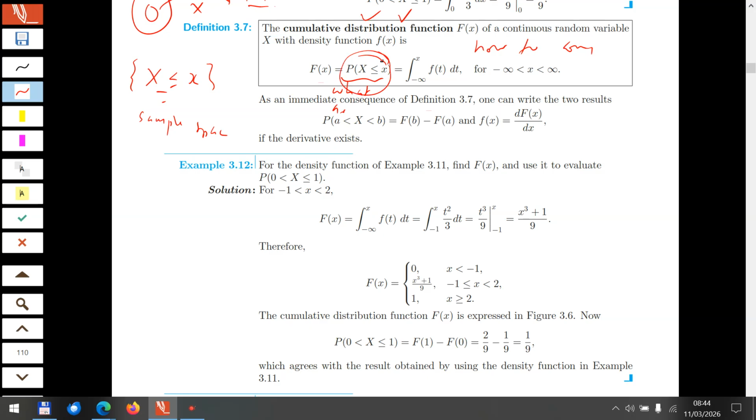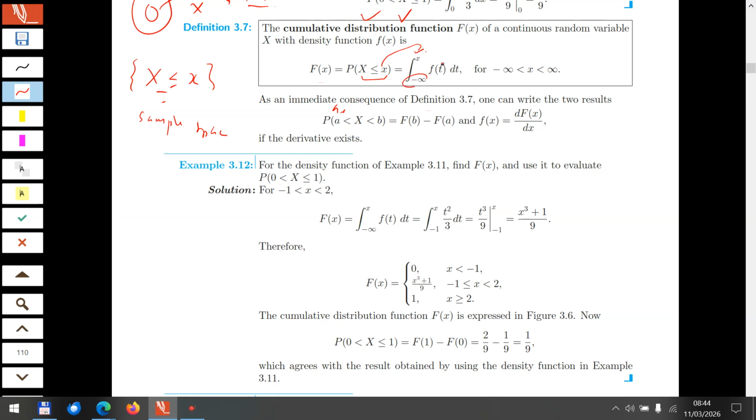And you can easily now see that, because differentiation and integration are, no, I'll get to that later. The lower limit will be minus infinity because there is no lower limit here. Minus infinity means that it's unbounded on the left side, and the upper limit will be x.